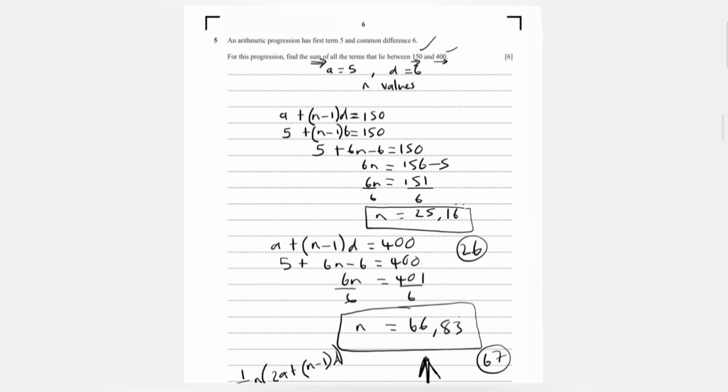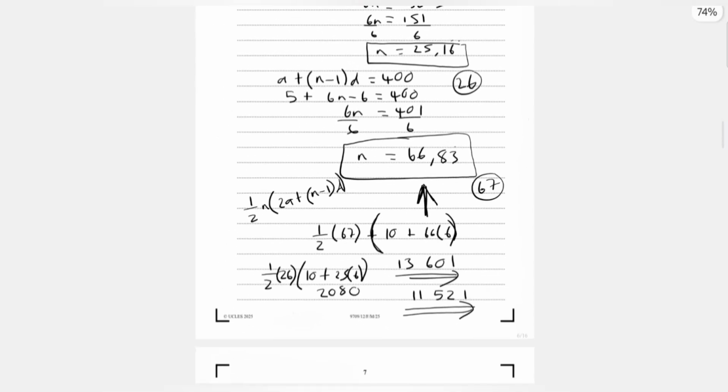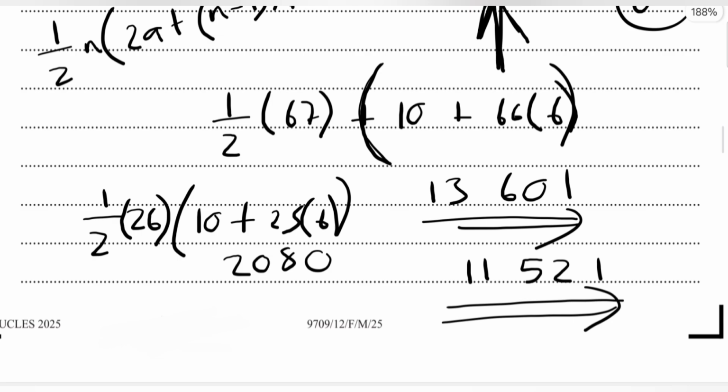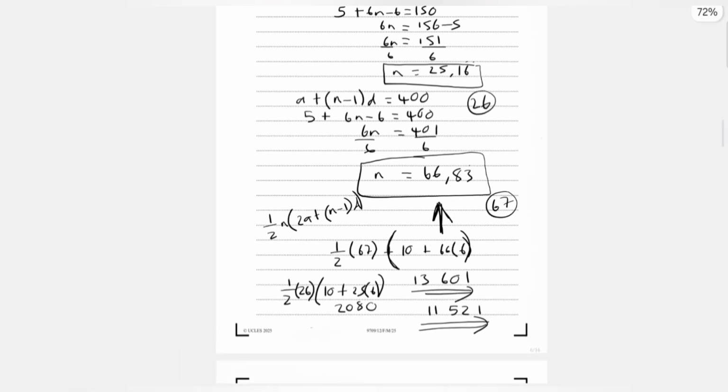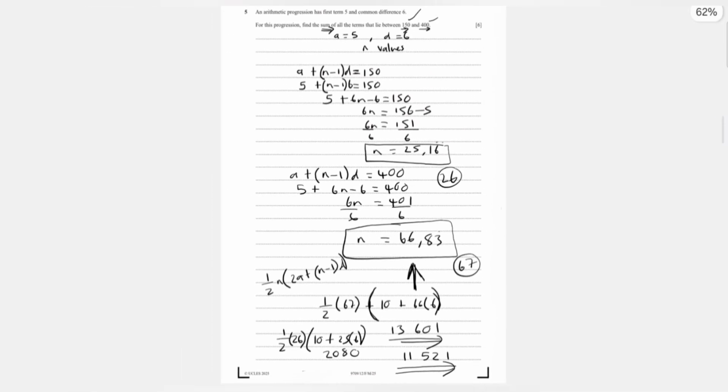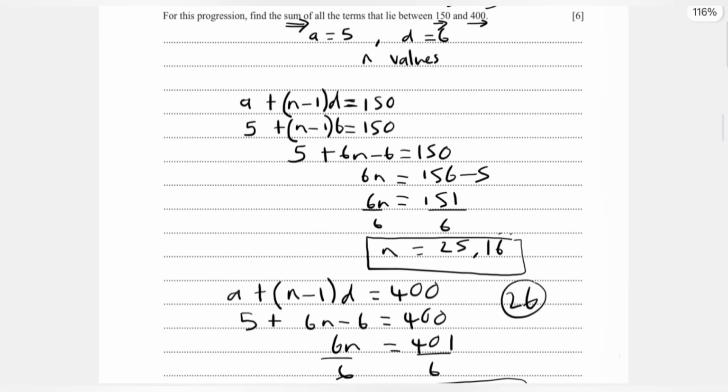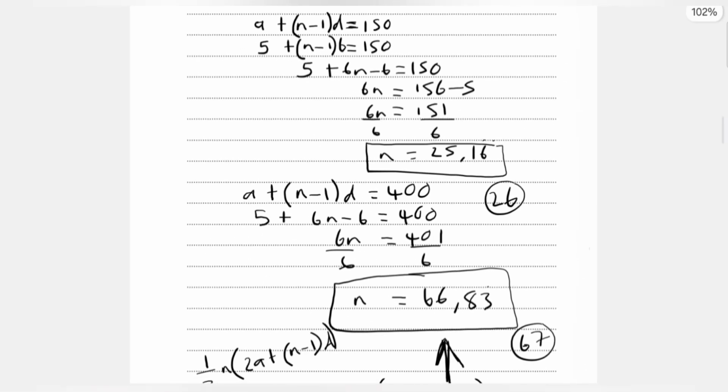So the sum of all the terms that lie between 150 and 400 is 11,521, right? So we first had to get the n values. One will give us 150 and the other one gives us 400. And we got them to be decimals and we had to use whole numbers instead, right? So we used 26 here because this is slightly above 25, so 26 would make more sense, right?